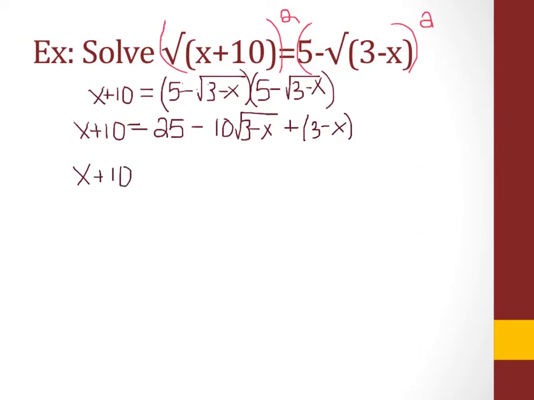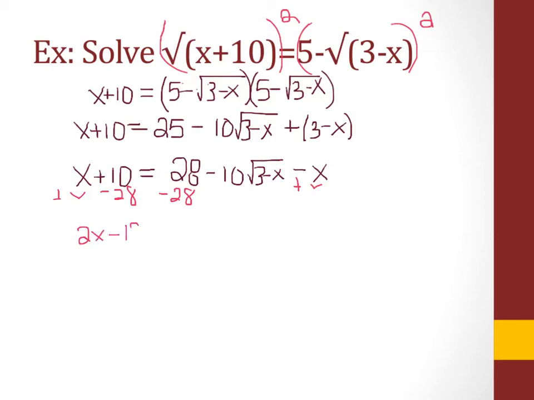So we have x plus 10 equals 28 minus 10 times the square root of 3 minus x, minus x. Once again we want to work towards getting this radical by itself on one side. So we subtract 28 from both sides and add x. That leaves us with 2x minus 18 equals negative 10 square root of 3 minus x.